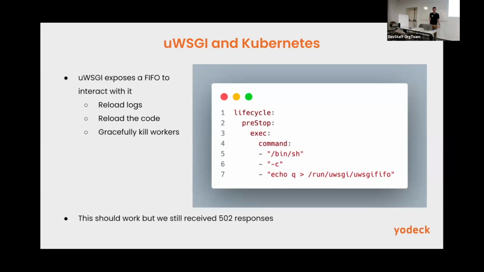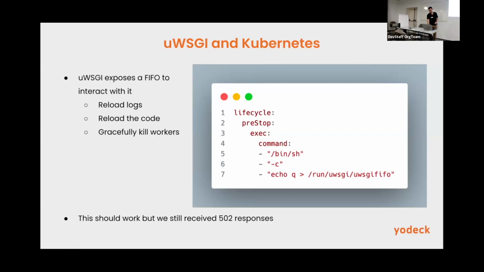uWSGI can also expose a FIFO that you can use to interact with it. You can echo things into this FIFO, and it will perform different tasks, like reloading the logs when you do a log rotation, or reloading the code instead of using the reload file that we saw earlier. And you can use this FIFO to gracefully kill all the workers.